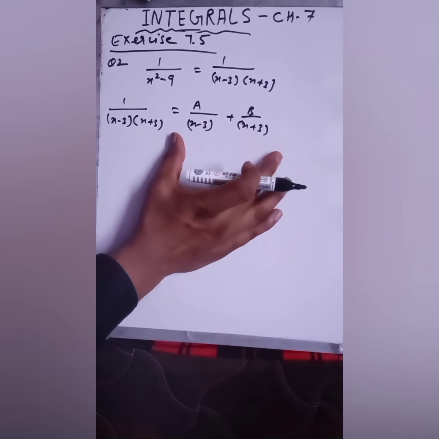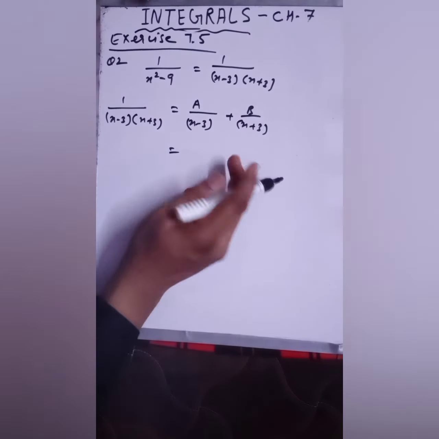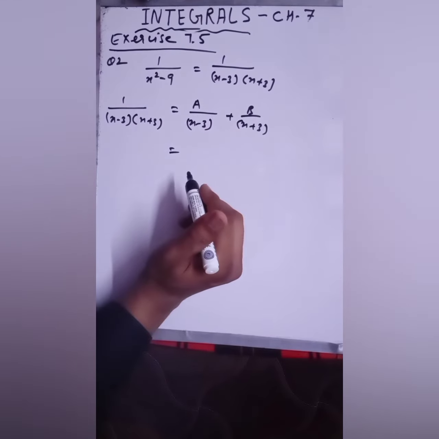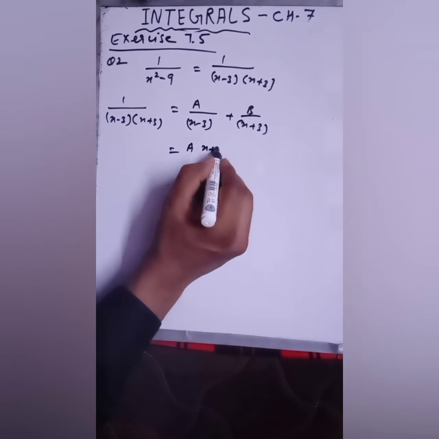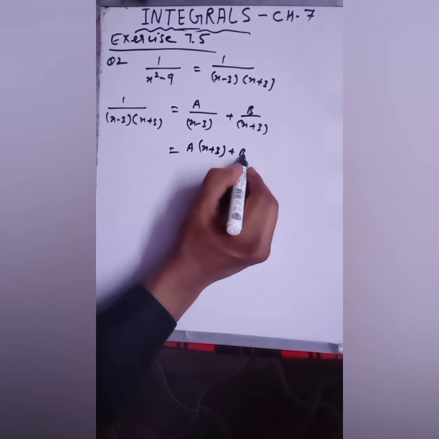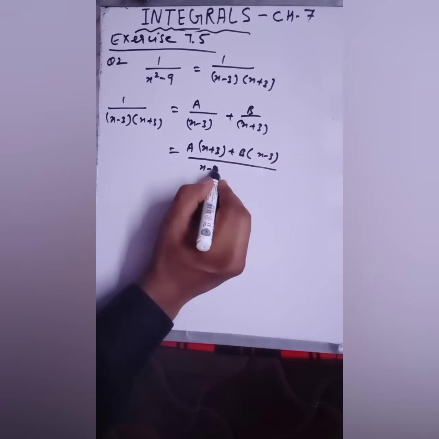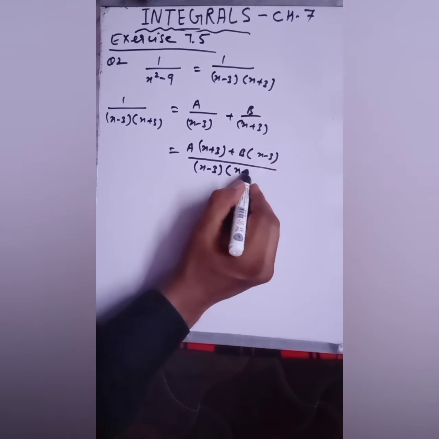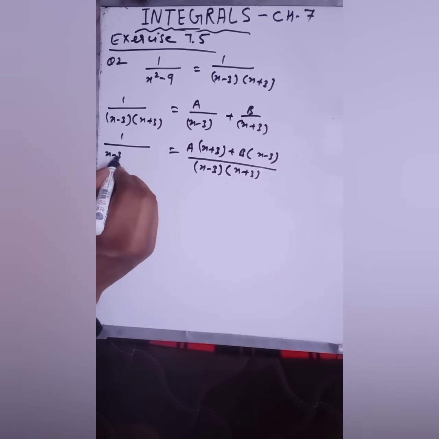Okay, after that, again you have to take the LCM here. So the LCM would be this one over (x - 3)(x + 3), and this will remain the same.